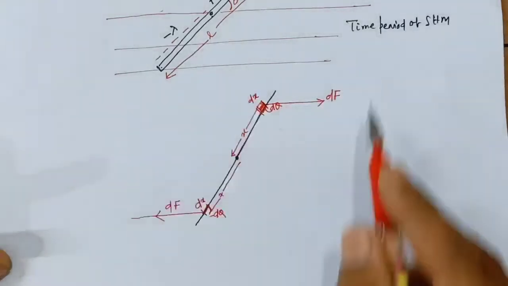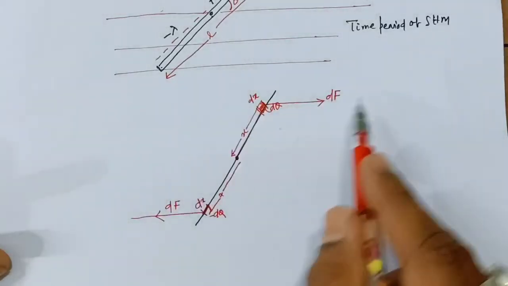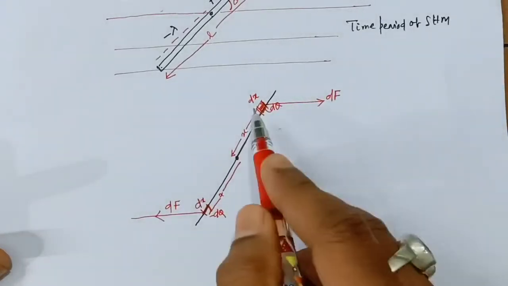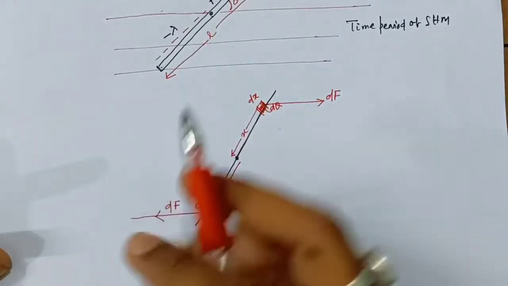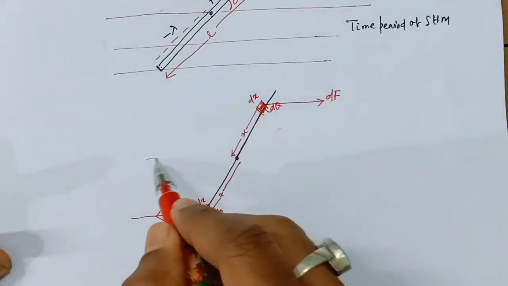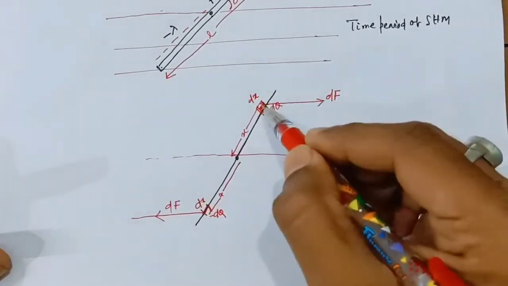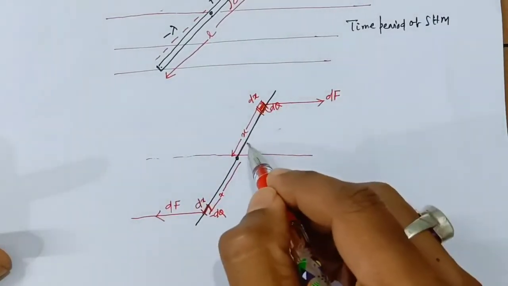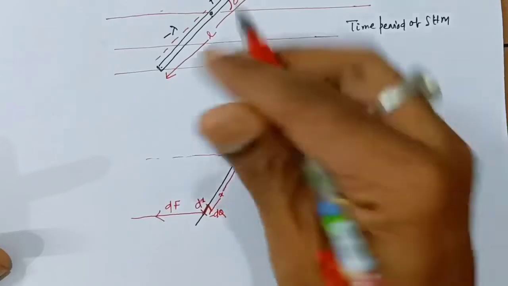So if you see, the net force on this system is 0, but due to this couple of forces, a torque will be generated. So this rod will rotate around this direction, like this.